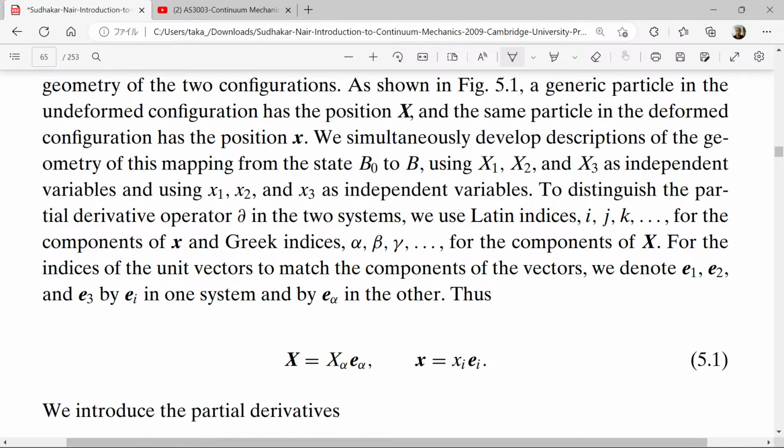Using X1, X2, and X3 as independent variables and using small x1, small x2, and small x3 as independent variables to distinguish the partial derivative operator partial in the two systems, we use the Latin indices i, j, k for the components of small x and Greek indices alpha, beta, gamma for the components of large X. For the indices of the unit vector to match the component of the vectors, we denote E1, E2, and E3 by E_i in one system and by E_alpha in the other.